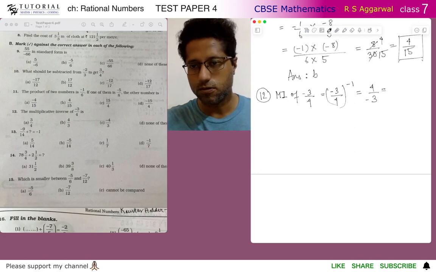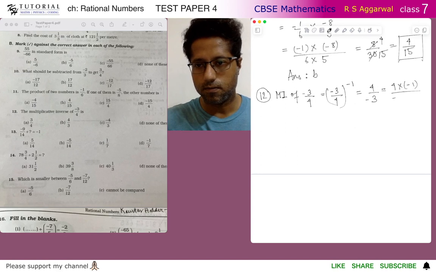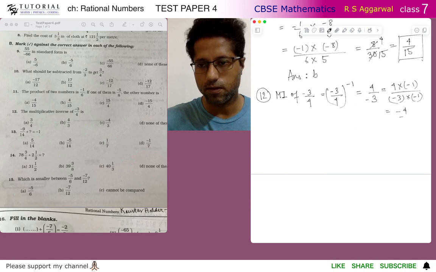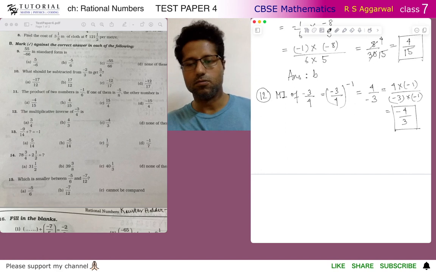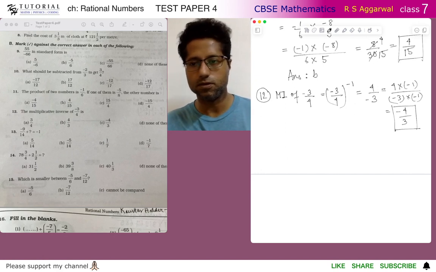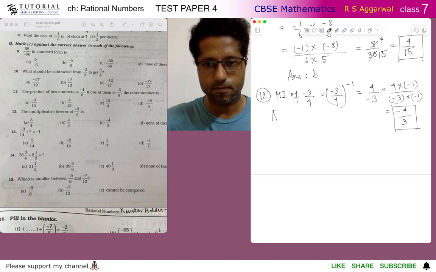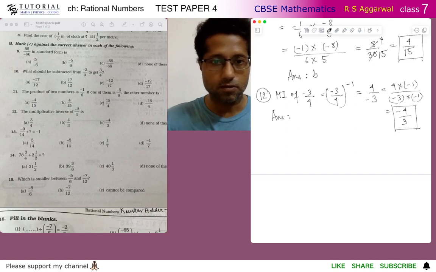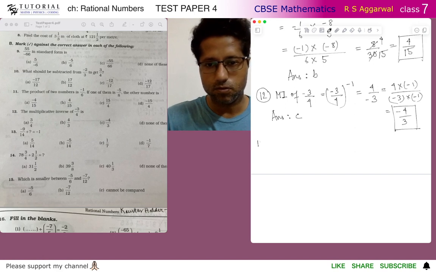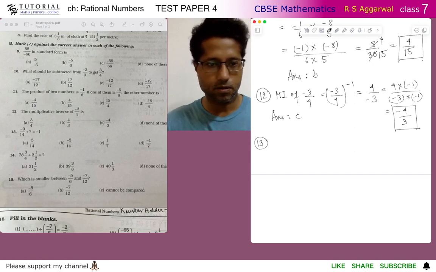So this is 4 into minus 1, minus 3 into minus 1, this is minus 4 by 3 is the result. So the multiplicative inverse of minus 3 by 4 is minus 4 by 3. So the answer will be choice C. Okay. Let's do question number 13.